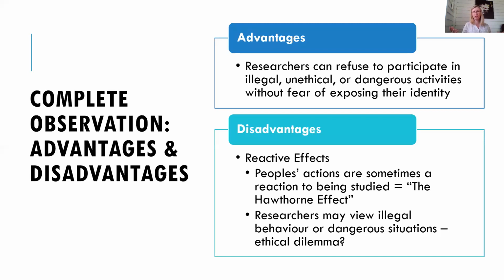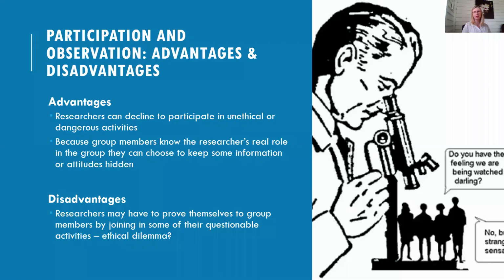Now, what if researchers view illegal activity? What if they watch people commit crimes? Do we have an ethical dilemma here? So again, field research is a minefield of ethical issues that you have to navigate as a researcher. Now, advantages of participation. Obviously, researchers can decline to participate in any unethical or dangerous activities that you're doing research on.